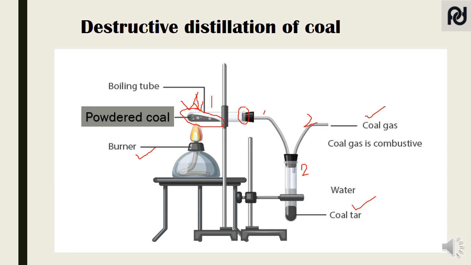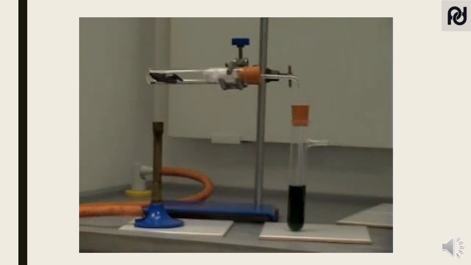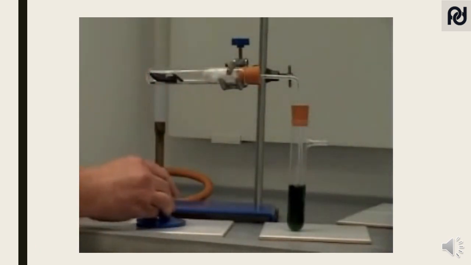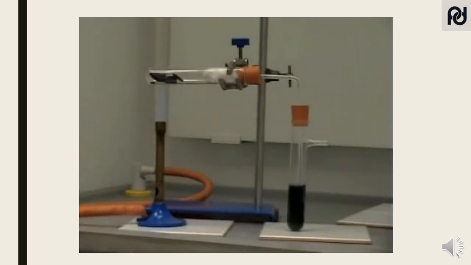Now we will be watching one video which is going to show us how the destructive distillation takes place in real. So let us have a look at that. They are setting the burner on fire. As you can see, these are the pieces of coal. Here is the second test tube, and as you can see, there are some bubbles over here.